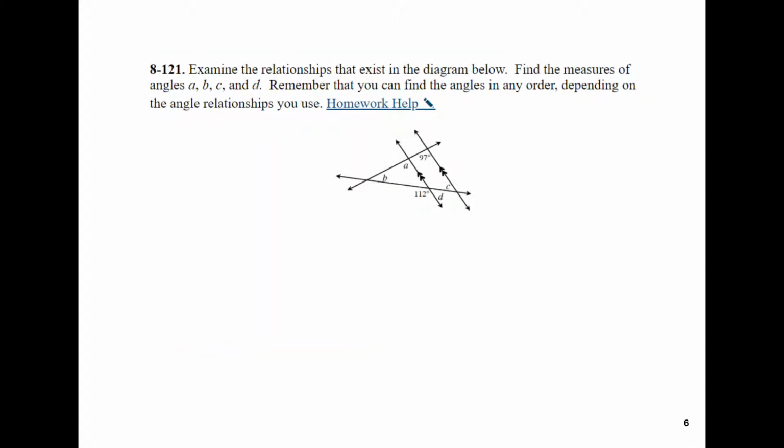8-121 says, examine the relationship that exists in the diagram below. Find the measures of angle A, B, C, and D. Remember that you can find the angles in any order depending upon the angle relationships you use. So looking at these, the first thing that jumps out to me are these two angles right here. And I know that these two angles are supplementary angles.